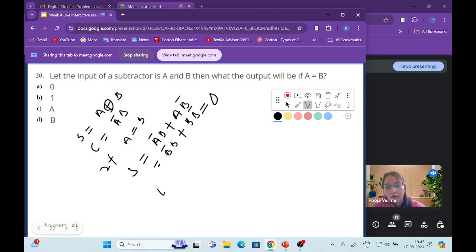For carry also, A bar B is given, so with A equal to B, it is B bar B, and in the case of carry the output is also 0. So if the inputs of the subtractor are A and B and A equals B, the output will be 0. Okay, option A is the correct answer. If A is equal to B, then both the sum and carry outputs of the subtractor will be 0 only. Okay, I hope all of you are getting this question. So moving to the next question.